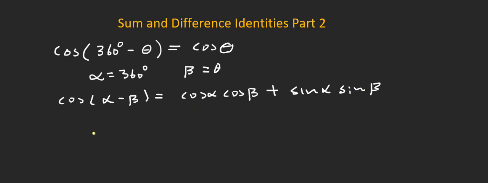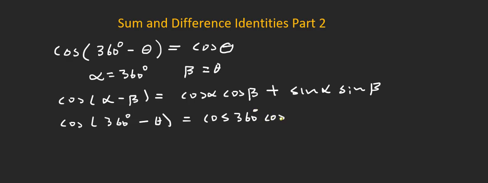So let's plug it in and see what happens. So cosine of 360 minus theta will be cosine of 360 cosine of theta plus sine of 360 sine of theta.